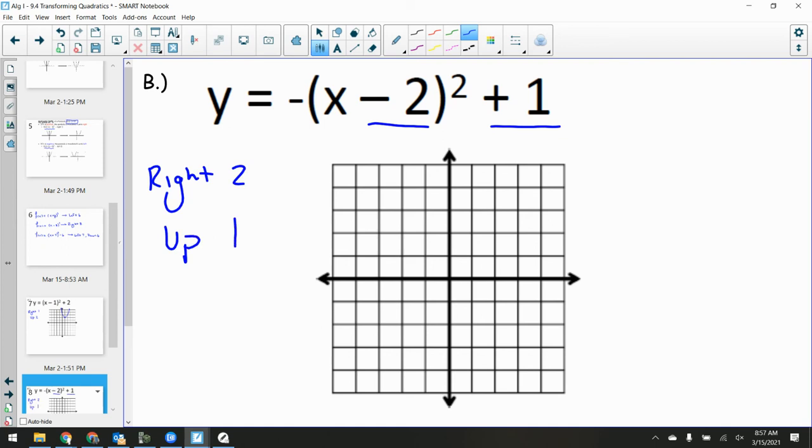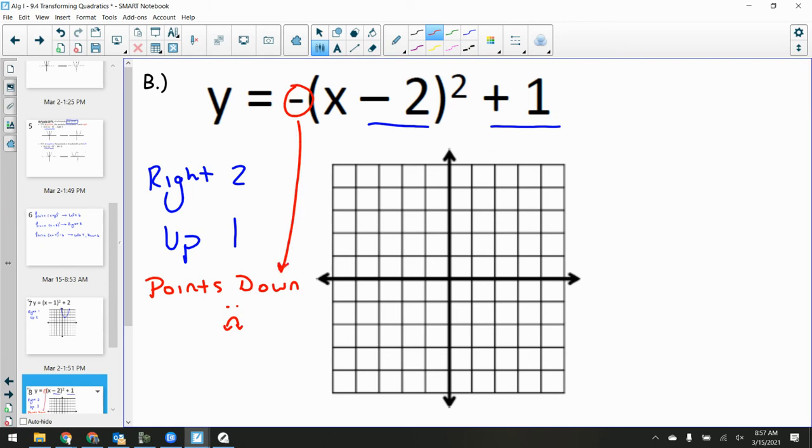Right. This is negative. This tells me something different. What does that tell me? It's going down. Pointing down, sad face. Points down. Okay. That's what that tells me.